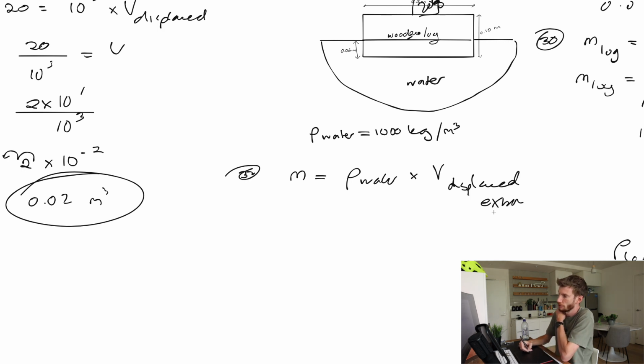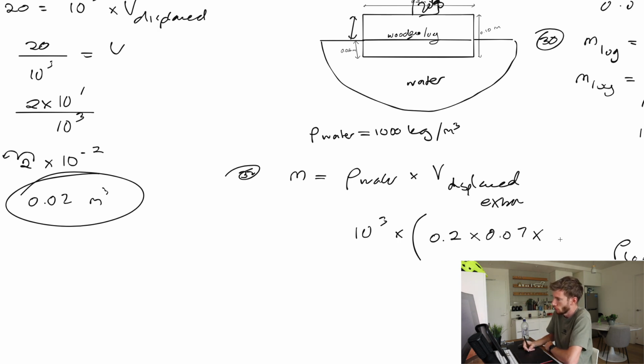So we already know that if it's fully submerged now, it means it's got to submerge the rest of that 0.07. So we can work out that volume. So this would be 10 to the 3 for its density. And its volume is going to be length, which is 0.2. The depth is 0.07. Now, the extra, because we're only doing the extra. And the other dimension was 2 as well.